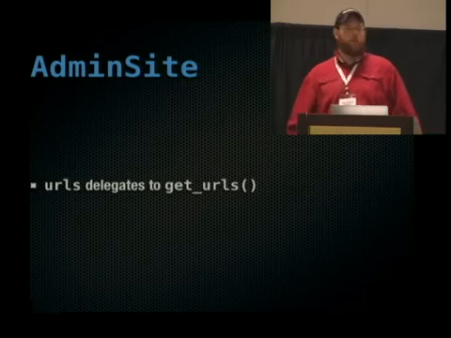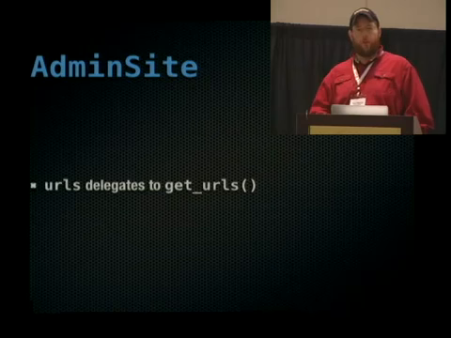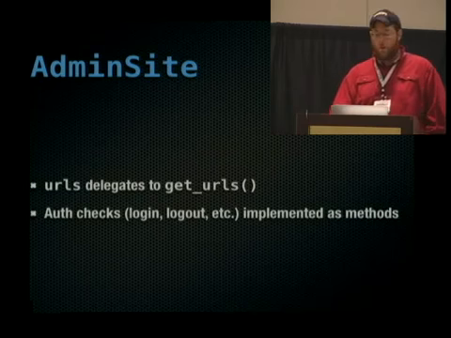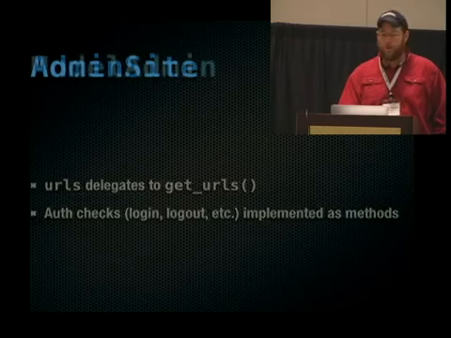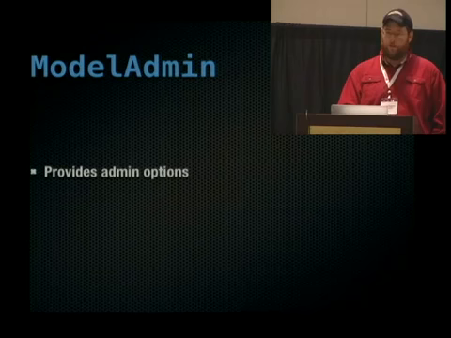You will actually see, if you look in there, the same import and urlpatterns equals and all that stuff that you would see normally in a urls.py is being done in this get_urls method. Auth checks for login, logout, everything are implemented as methods on admin site. But otherwise, everything happens in ModelAdmin. ModelAdmin is where the good stuff is.